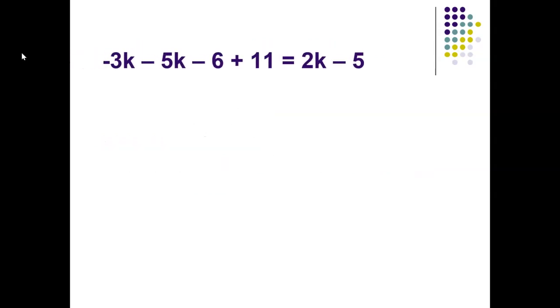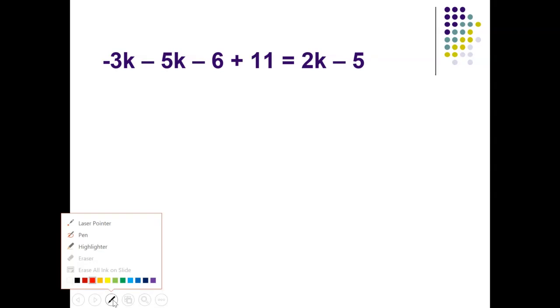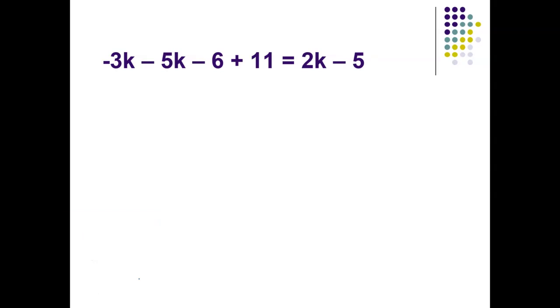Here's our first example. Negative 3k minus 5k minus 6 plus 11 equals 2k minus 5. Obviously, you can see that we have like terms on one side, which I'm going to combine. Let me get the pen here just to show you which terms are like terms.